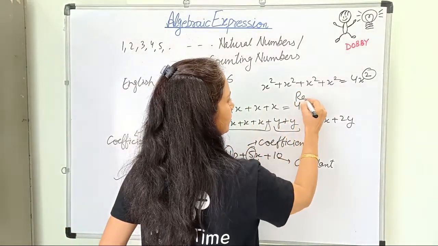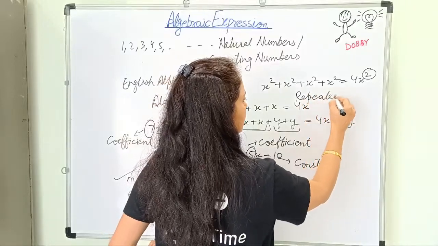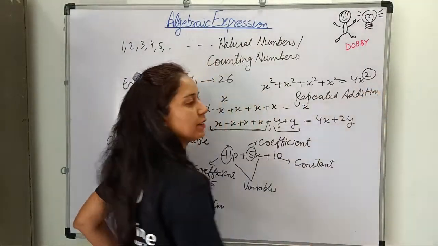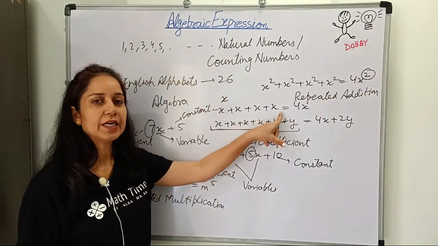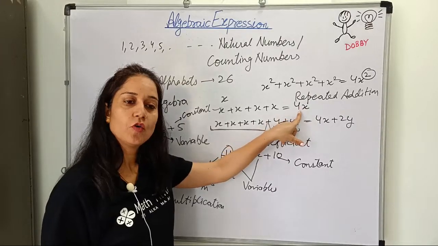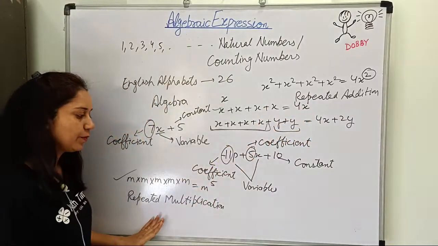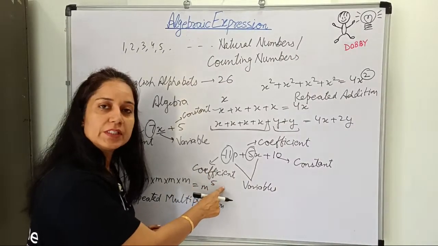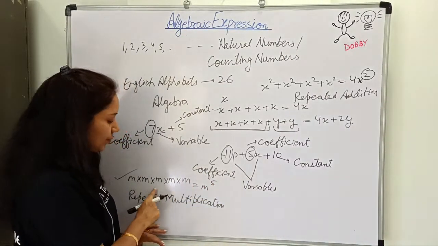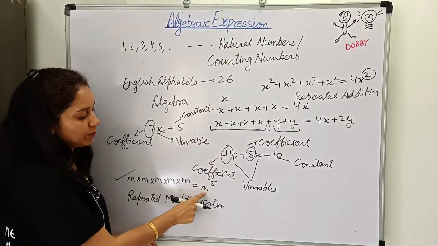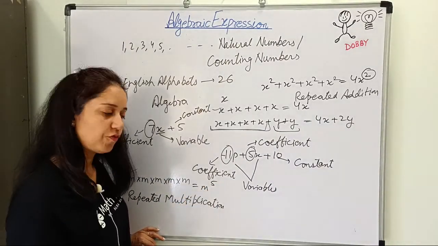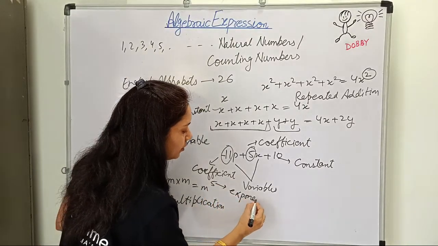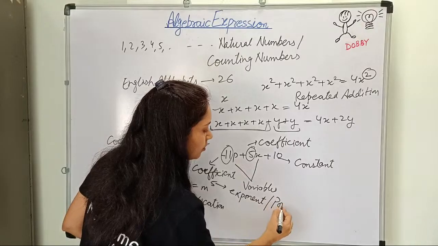Repeated addition. In addition, when it is repeated addition, we write 4x. 4 times x is written. In repeated multiplication, as many times the variable is coming, that much is the power of the variable. m is coming 5 times, multiplied 5 times, so it becomes m raised to the power 5. So the power, either you can call it exponent or power.